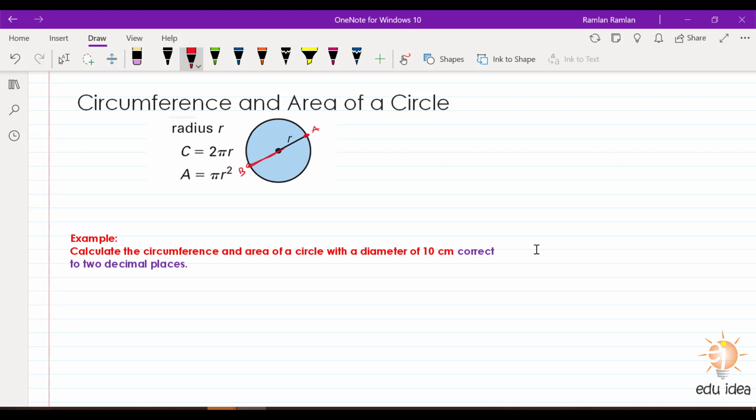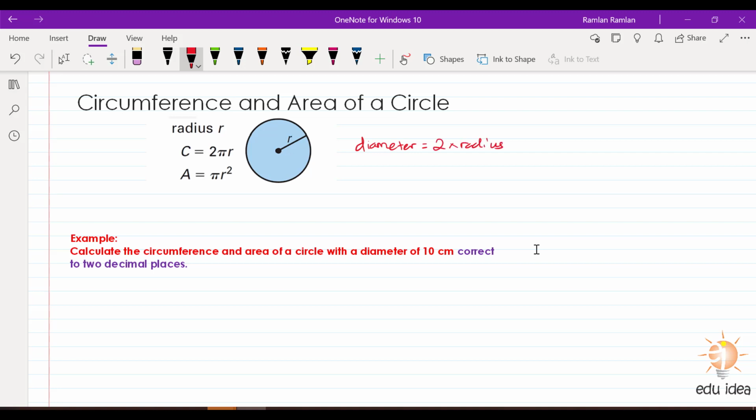Let's say I put the center point as P. So from P to A is r, and P to B is also r. Can you see that the diameter is just twice the size of the radius? So I can write that the diameter equals 2 times the radius.